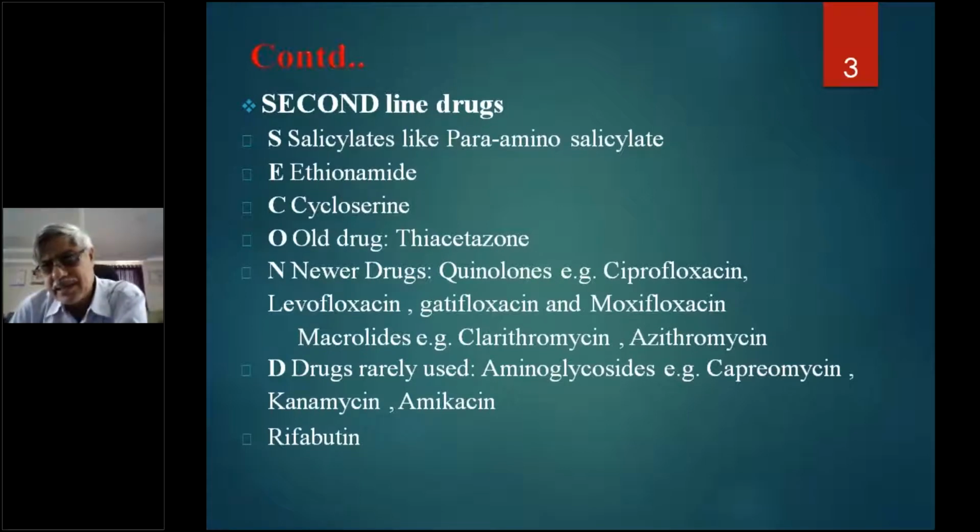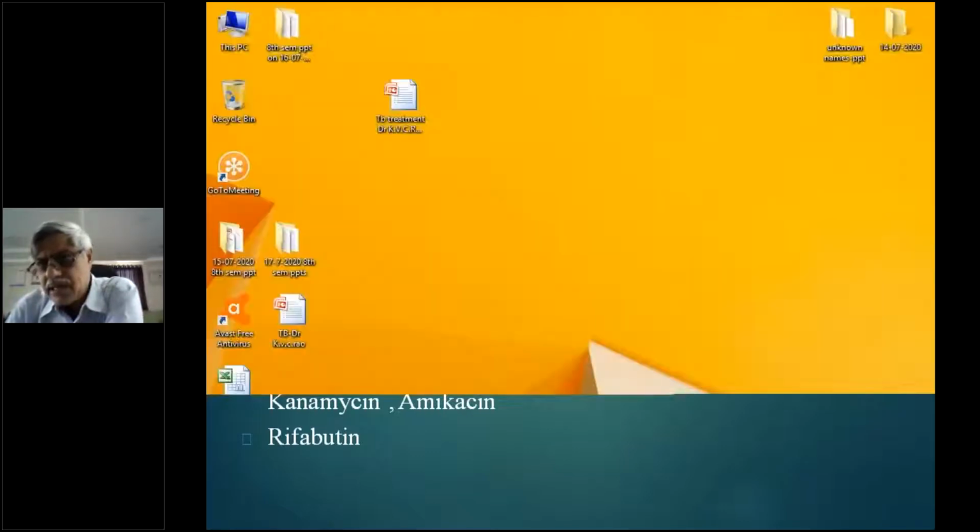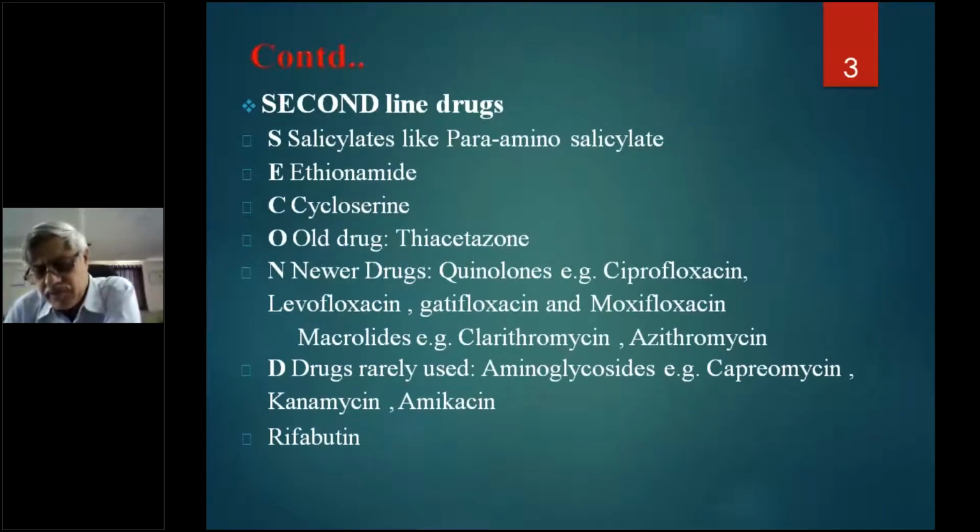Unless you categorize, you cannot give treatment, because it is a long duration of treatment. The tubercular bacilli have to be killed in the first 2 or 3 months, and then there is maintenance so that resistance may not appear. So there are two phases. One is you have to categorize, and the second is the two phases. How will you categorize? Unless you categorize, there are so many cases appearing for the last 50, 60 years.